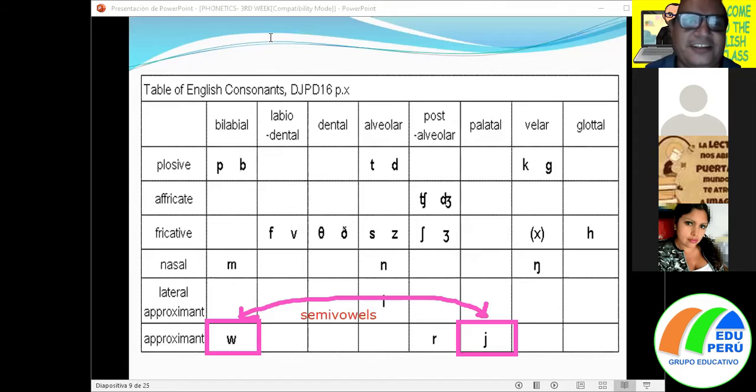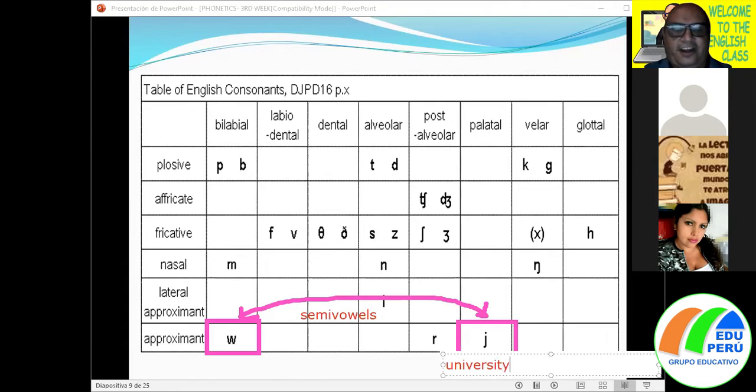I'm going to write a word. So notice here, be careful. University, a teacher. Teacher, you have a vowel, the spelling u. But when you pronounce this word, it doesn't start with a vowel.